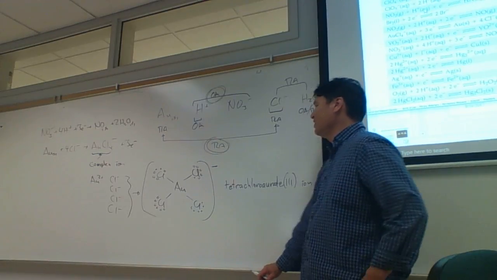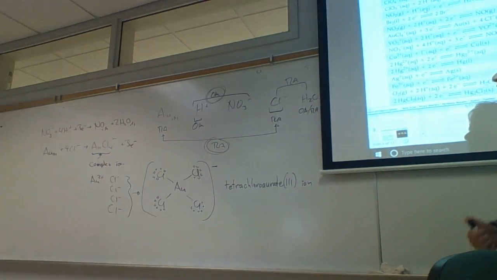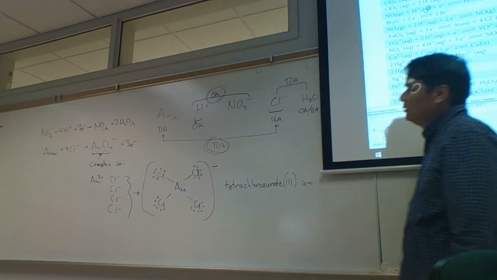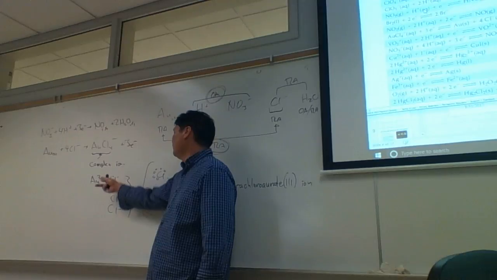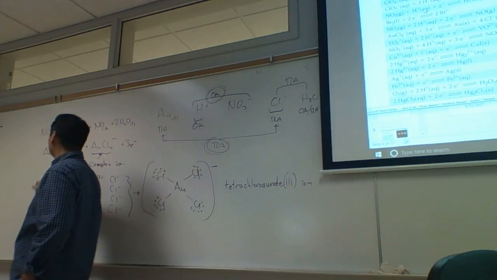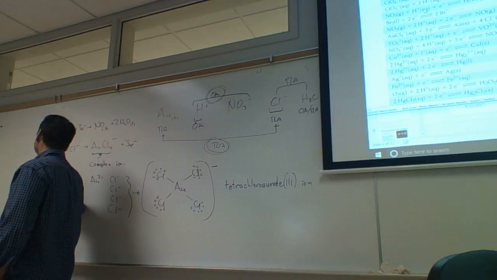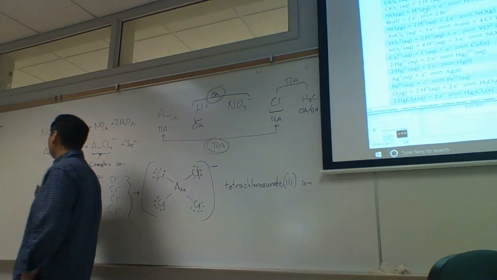What happens here is this. What happens is that gold 3 is not stable. And when we have something like gold 3, Au3 plus, aqueous, how is gold 3 stabilized?